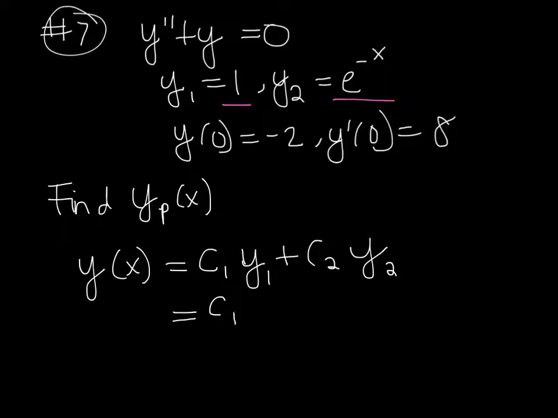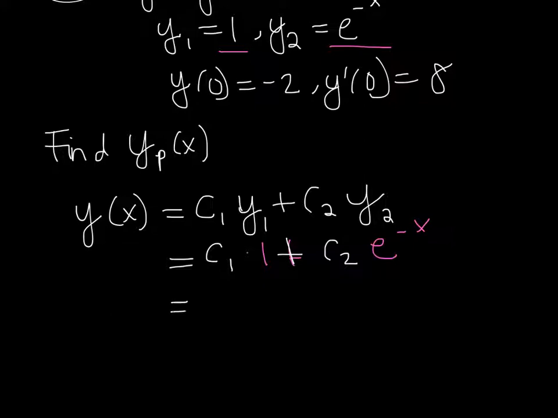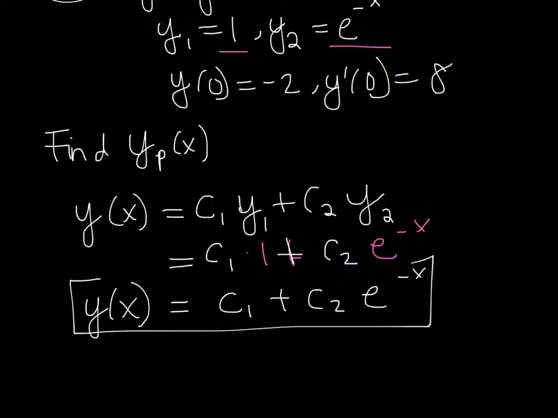So we have C1 times 1 plus C2 times e to the negative x, which is our y sub 2. And then this is just C1 plus C2 e to the negative x. Okay, so here is our general solution.